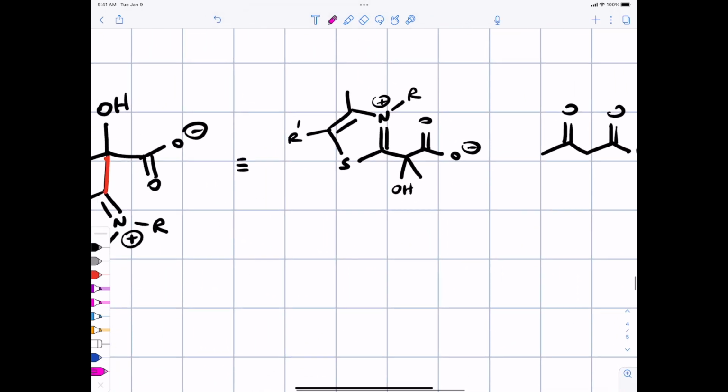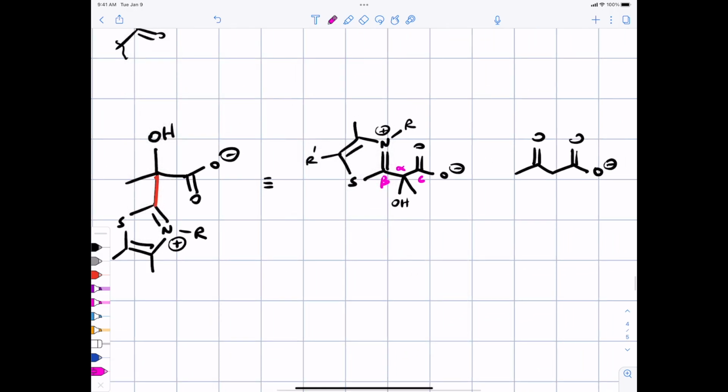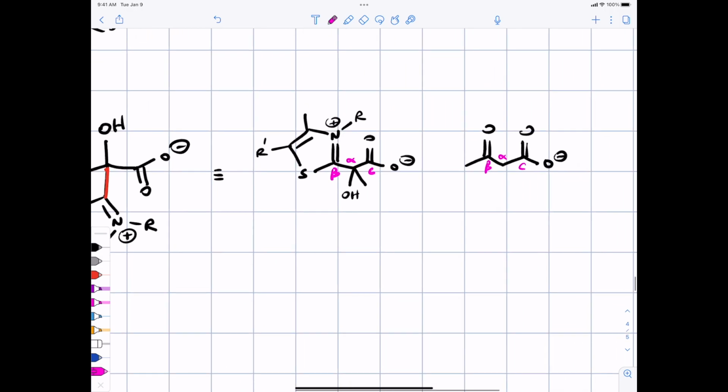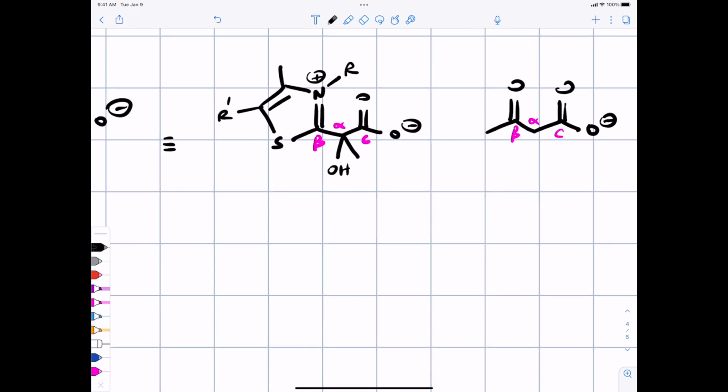Do you see how now with the addition of that thiamine group on the beta carbon, I have something that looks like a ketone now? So that thiamine converted my alpha keto carboxylic acid into something that now sort of looks like a beta keto carboxylic acid.